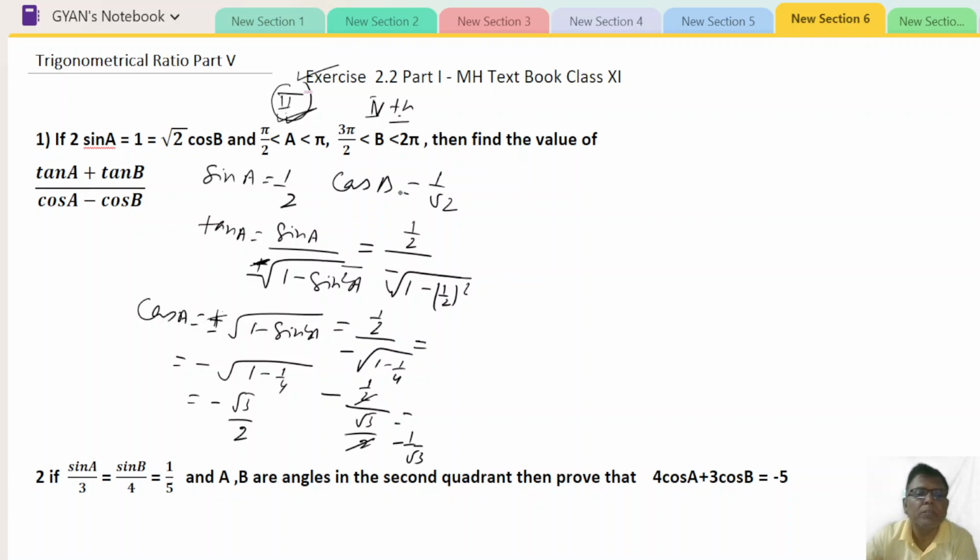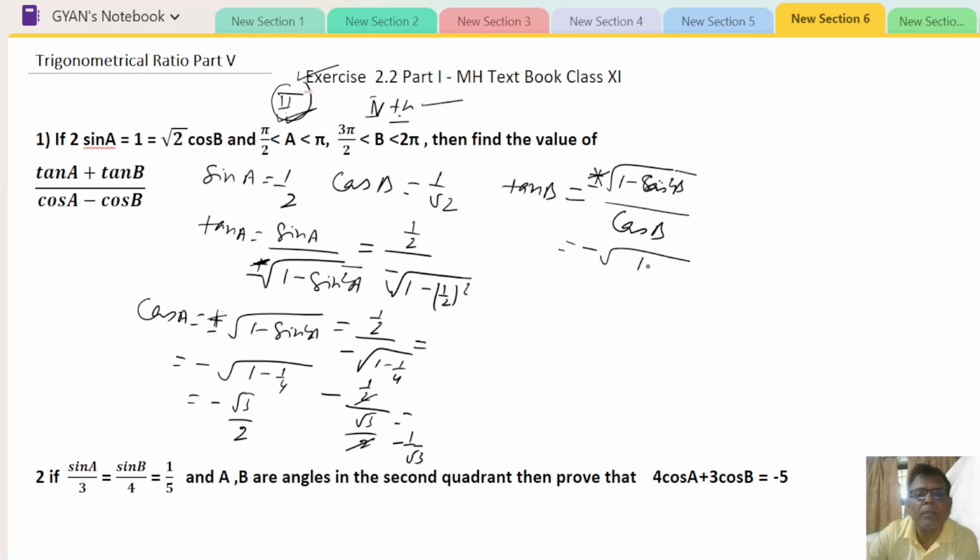Now comes tan B. Cos B is given, so tan B is plus or minus root over 1 minus cos square B divided by cos B. Should we take positive or negative? B is in the fourth quadrant, where only cos and sec are positive and the remaining are negative, so we take negative.